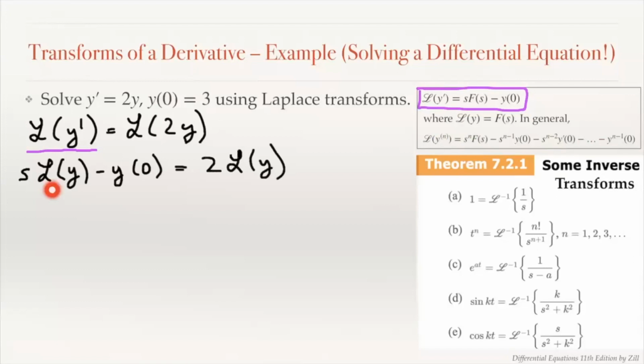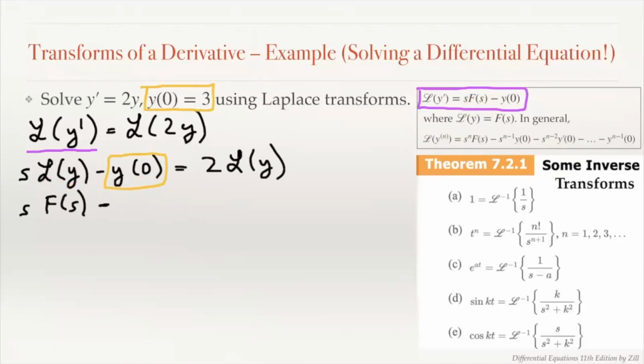Now, our alternative notation is just to write big F of s instead of Laplace transform of y. Just to get used to that, let's write it that way. S times F of s minus, now y of 0. That is given. It's the initial value.